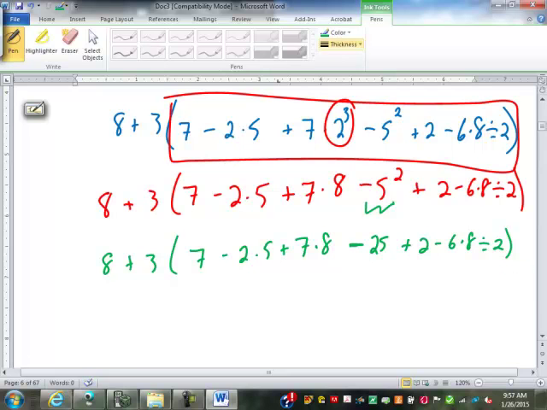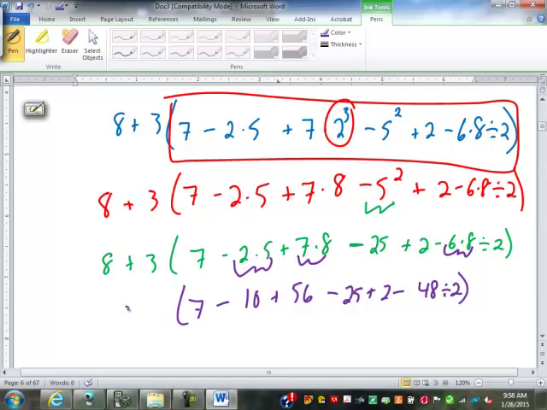Any more exponents? No. So next would be multiplication and division. Now I'm going to cheat a little bit as I do this. Then go left to right. 2 times 5 is 10. Plus 7 times 8 is 56. There's a minus 25 plus 2 minus 6 times 8 is 48.